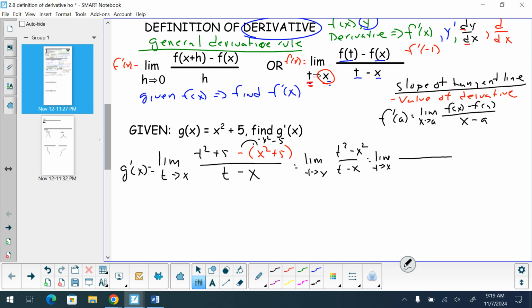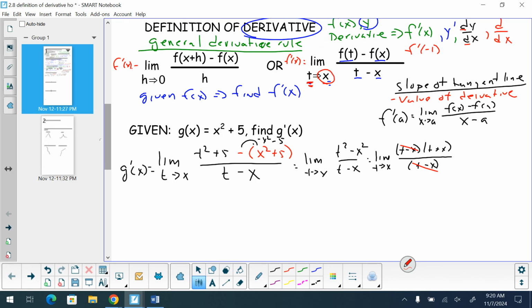Factors to t minus x, t plus x, over t minus x. The t minus x's, they move to Texas.